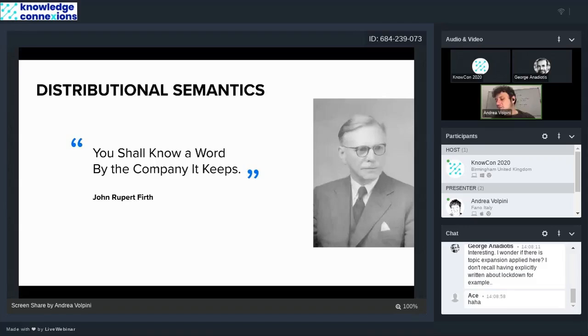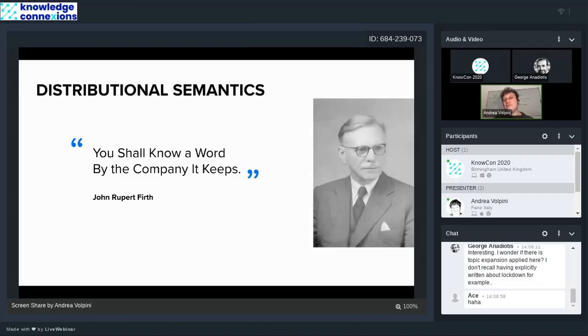Distributional semantics is the science that studies ways in which we can quantify and categorize semantic similarities between linguistic terms by looking at their distribution within a large corpus of text, which allows us to understand their meanings. That's the explanation of distributional semantics.